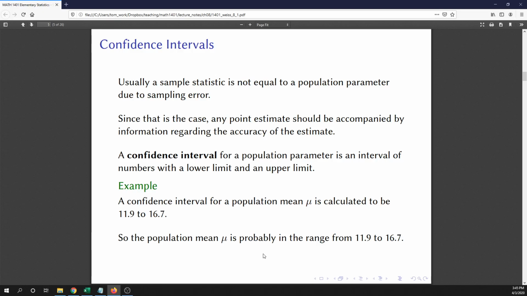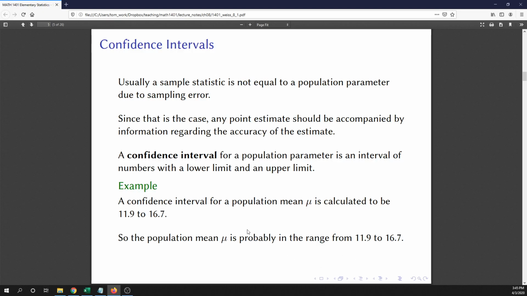Now you may say, probably? What do you mean probably? Shouldn't it be in here? And the answer is we're not guaranteed 100% that it's going to be in this range. We just don't know. If you take a sample, you're not taking into account every single value of the population, so you just don't know exactly if it's in this range or not.